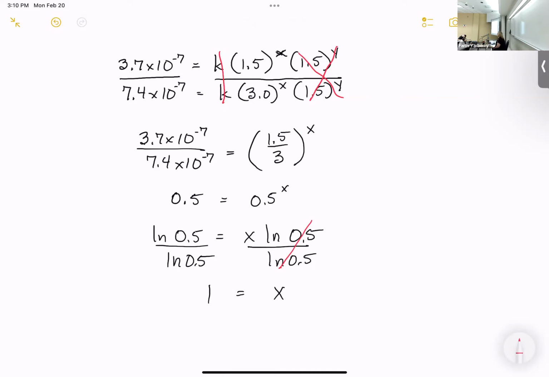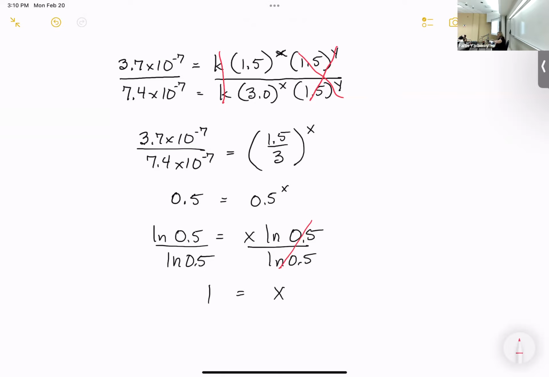Again, I did the longhand version, folks. You don't have to do all of this. I wanted you to see why it works, and it works because when you're holding one of them constant, it gives you the information for the other one, since the one you held constant goes away.